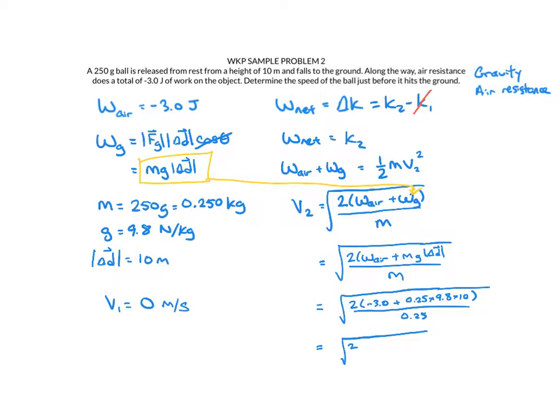So inside the brackets, I'm getting 21.5. Okay, now I'm going to do the rest of that. Put that in the calculator, and I got 13 meters per second.